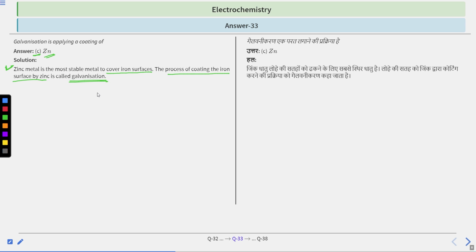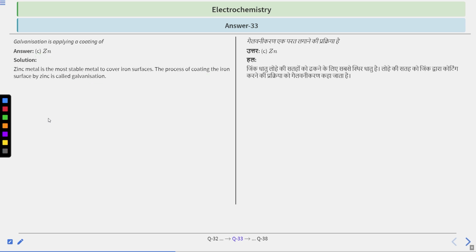Zinc coating is used to prevent the iron surface from rusting. So galvanization is the name of the process, and zinc metal is used in this process. So option C is the correct answer.